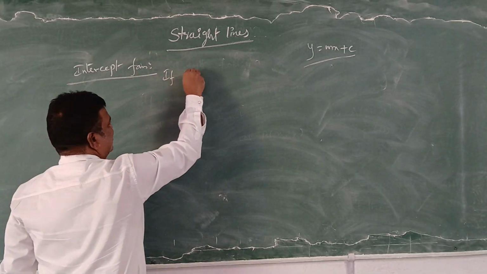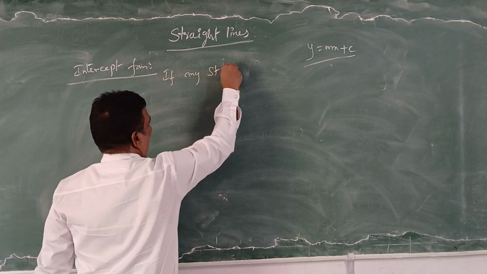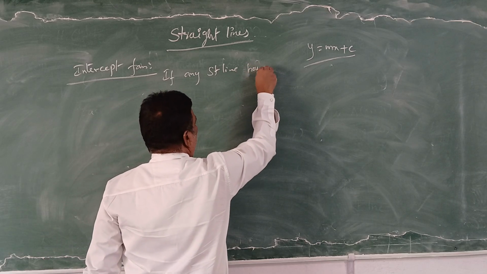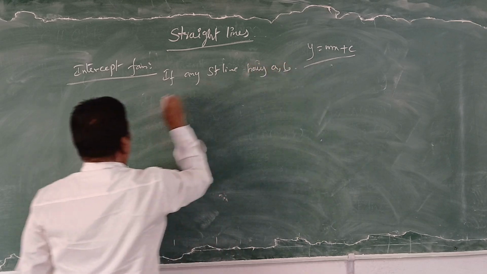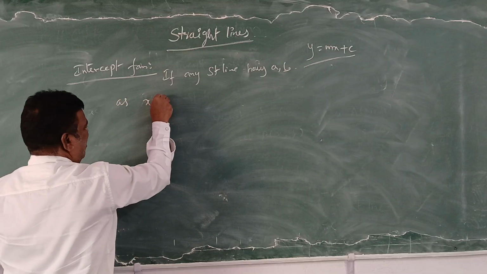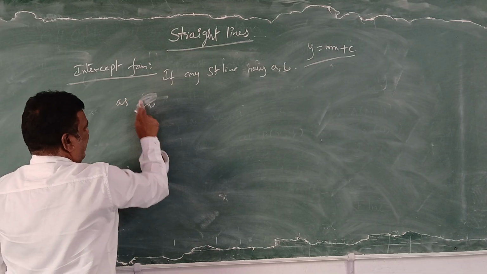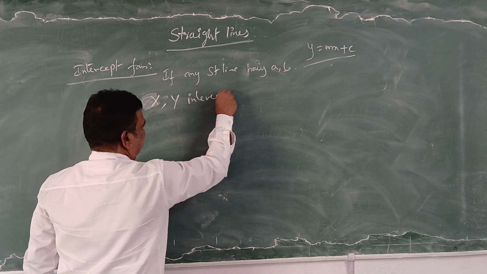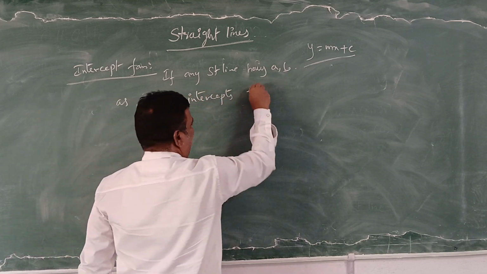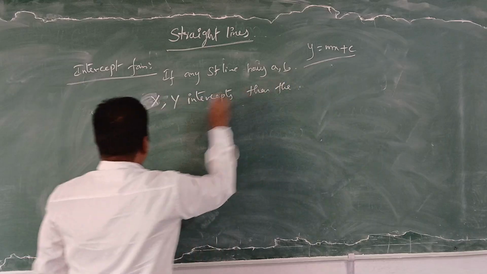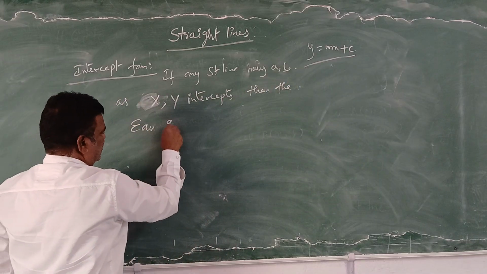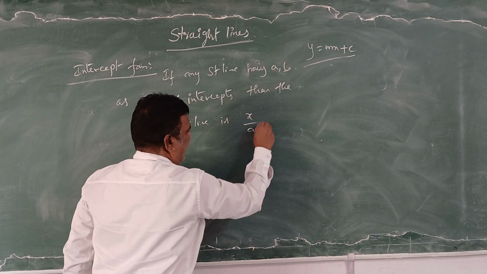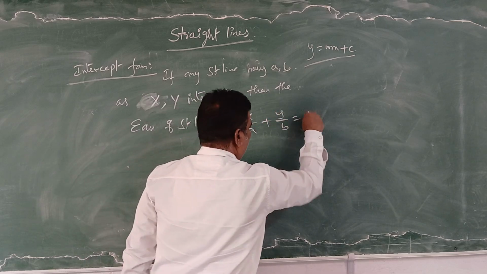If any straight line has a, b as x, y intercepts, then the equation of the straight line is x by a plus y by b equal to 1.